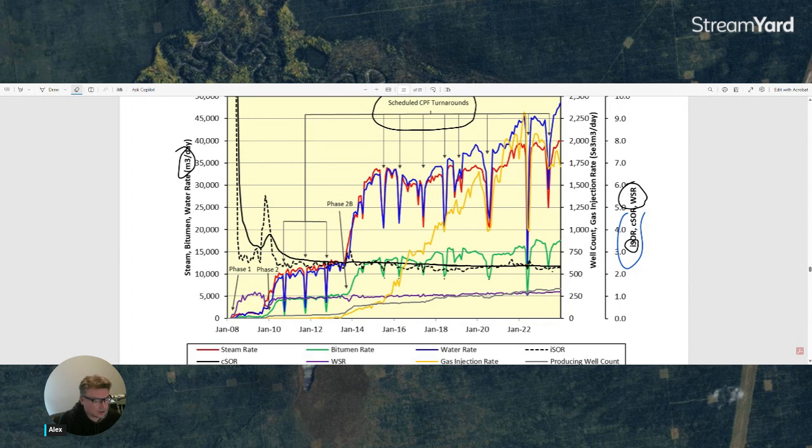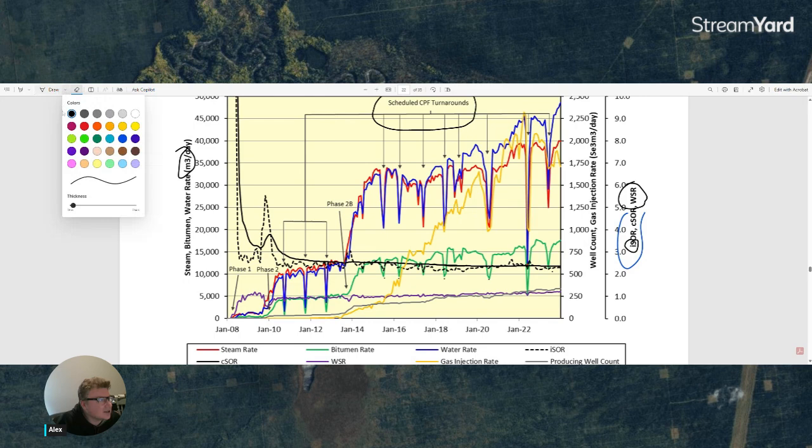The importance of that parameter is that you inject steam and that steam is condensing, and then you produce it in the form of water. So you monitor what that water is in relation to oil production. That's the importance of that.